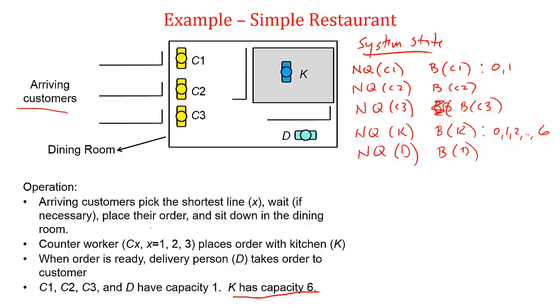So before we continue with the next step, which is defining the events, let's investigate the system state just a little bit more. What I want to do is specify the system state as a vector. So let's say S is equal to NQC1, NQC2, NQC3, NQK, NQD.